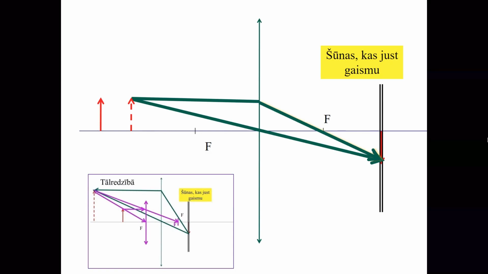In the previous example, we moved the fake image to a longer distance. Now we need to move the fake image to a shorter distance. So the fake image is here, closer to the eye. The object is at a longer distance than in the previous example.